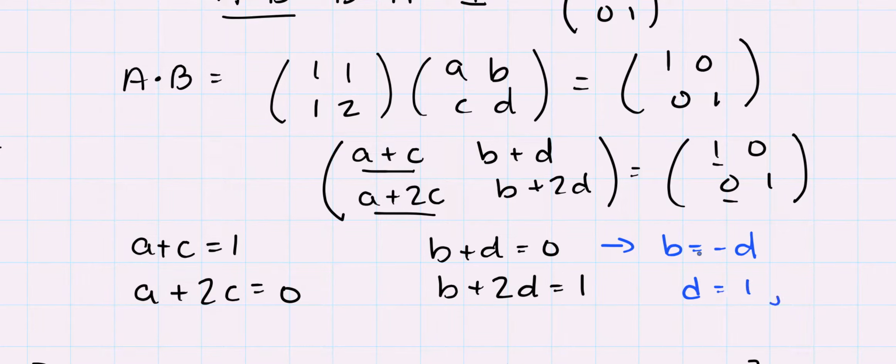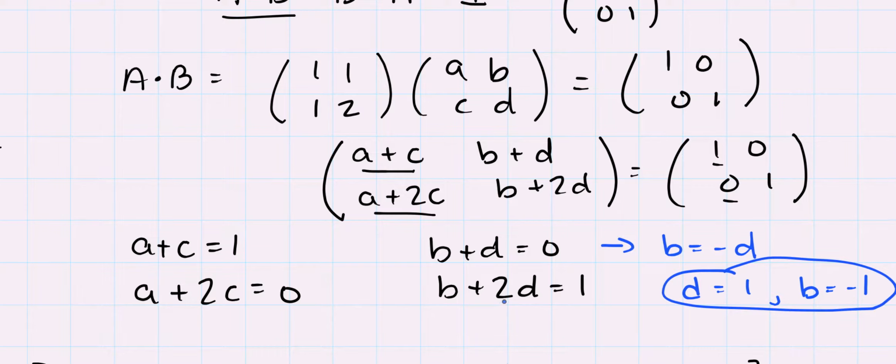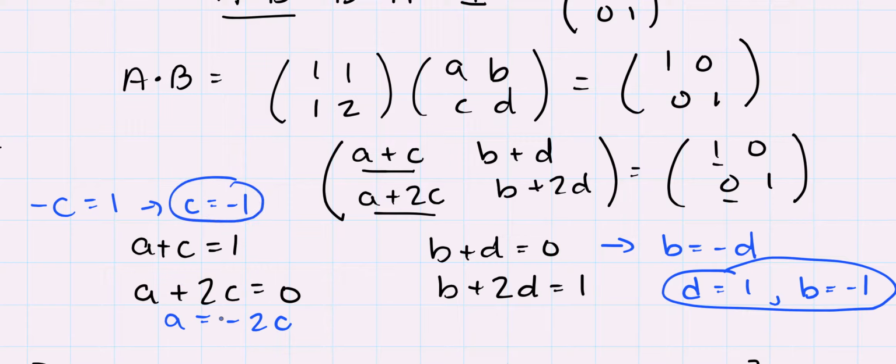So d is 1, and since b is negative d, I get b is negative 1. I found two of these letters. Now let's focus on this side. So here I see that a is equal to negative 2c. So if I plug that in, I get negative c is equal to 1, which tells me c is equal to negative 1. And then since a is negative 2 times this, a is equal to 2.